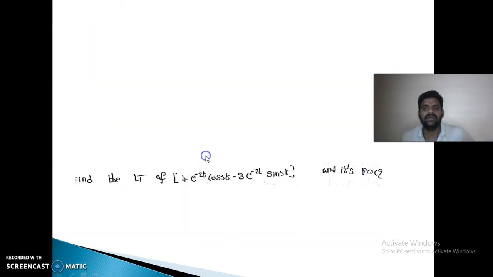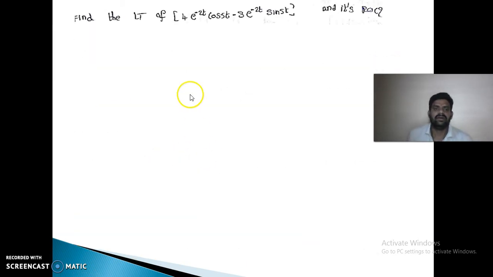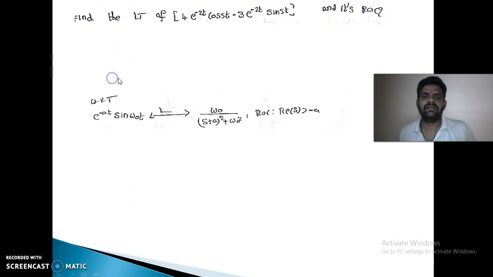Next, find the Laplace transform of 4 e power minus 2t cos 5t minus 3 e power minus 2t sin 5t, and what is its ROC.